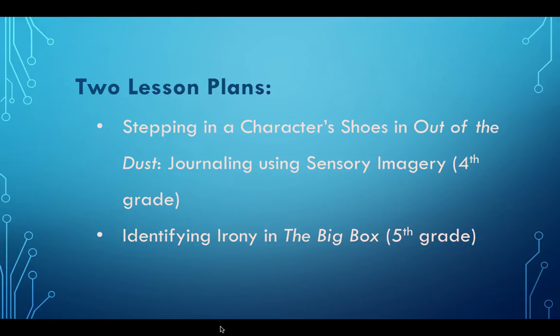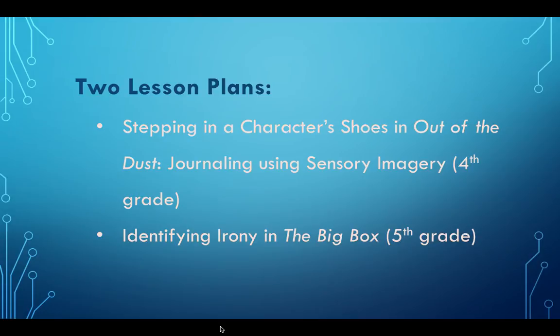So in the remainder of this presentation, we're going to walk through two different lesson plans. First, we'll walk through a lesson plan titled Stepping into a Character's Shoes in Out of the Dust, Journaling Using Sensory Imagery, which is a lesson plan designed for a fourth grade bilingual student.